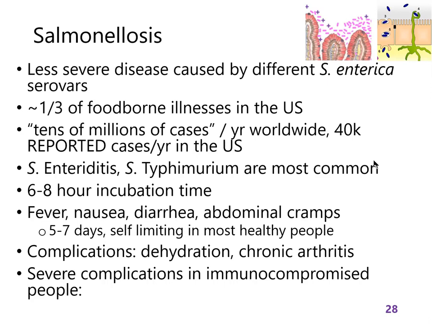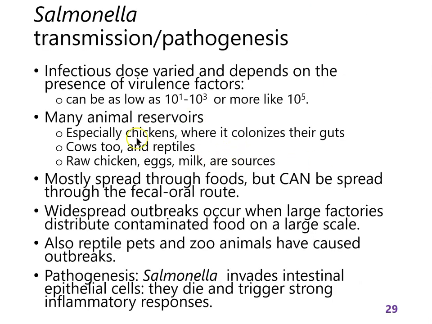There are multiple different Salmonella serovars that can cause these. These are the ones we would think of as coming from chickens or meat, because they can grow in the guts of animals. In a lot of cases, these are spread from food, but because they live in many different animals, they can also be spread in a family through the fecal-oral route.